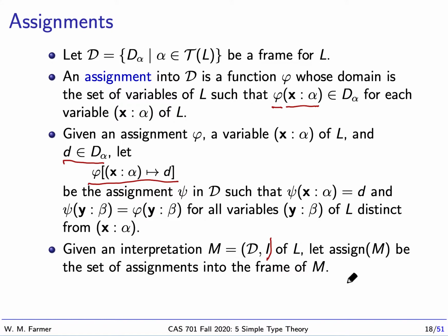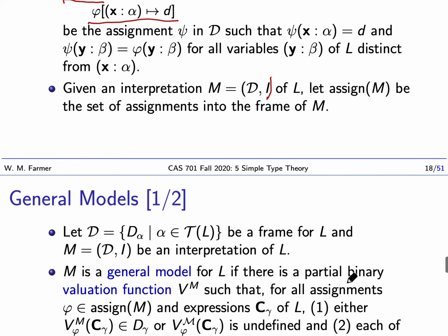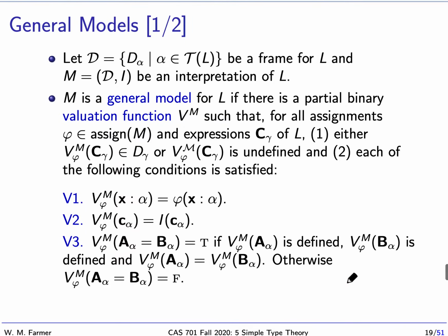Okay, so now we're ready to define the really important definition, the definition of a general model. So let us say we have a frame and we have M as an interpretation.